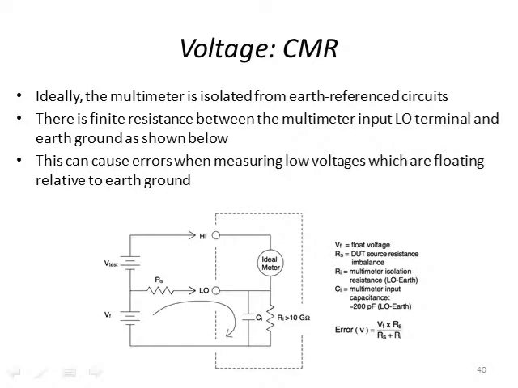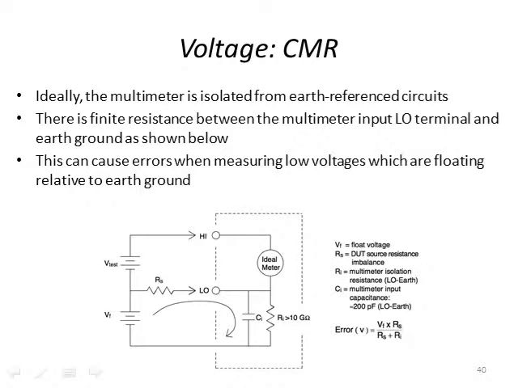Now the common mode rejection, basically in this circuit on the bottom, you can see that when we do our measurement with the 34401A instrument, we have a high and a low terminal. And essentially the ideal meter separates the input impedance, and then there's always some charging capacitance associated with the multimeter.